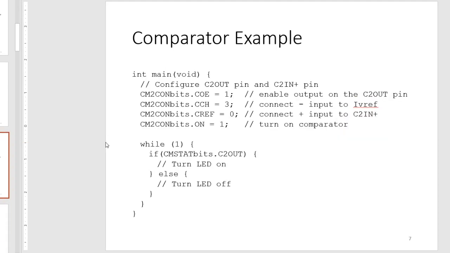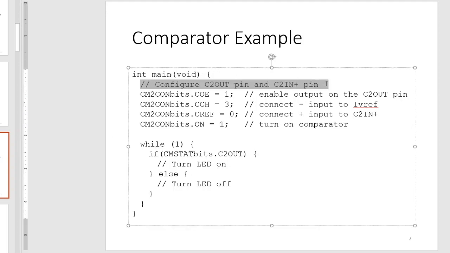As a simple example, here we have a sample code. Configuring the C2OUT and the C2IN pin is left as an exercise to the student. Here we just enable the output interrupt on C2OUT. We use IVREF as our voltage reference and use C2IN as our positive input.